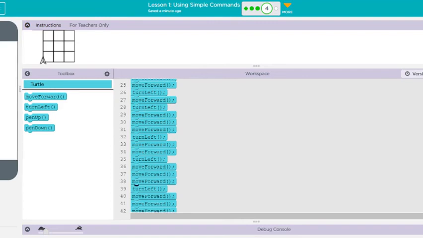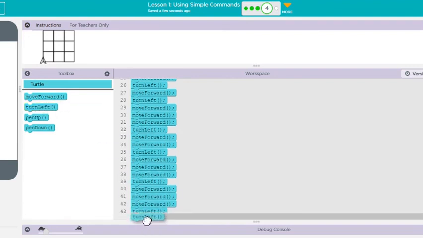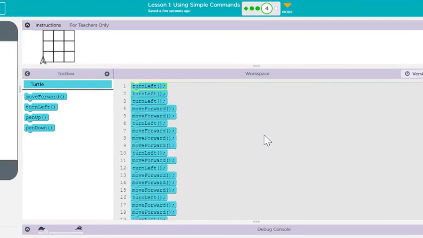Before I press reset run again, take a look at the direction that the turtle is. This turtle right now is facing down. I need to turn left 2 times so that it faces up. All right, follow the yellow.